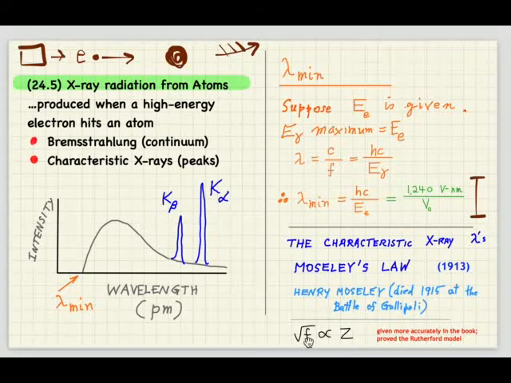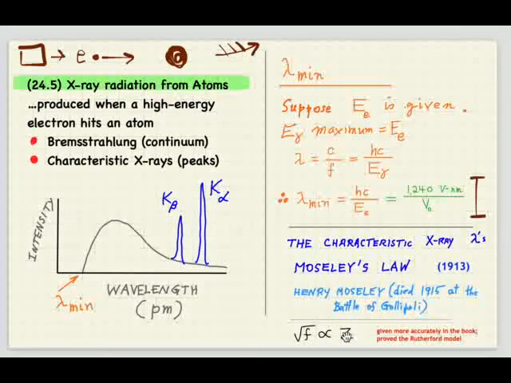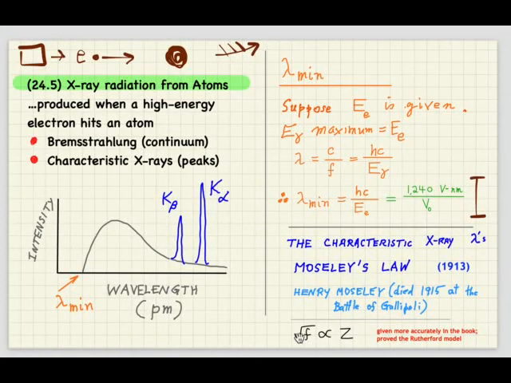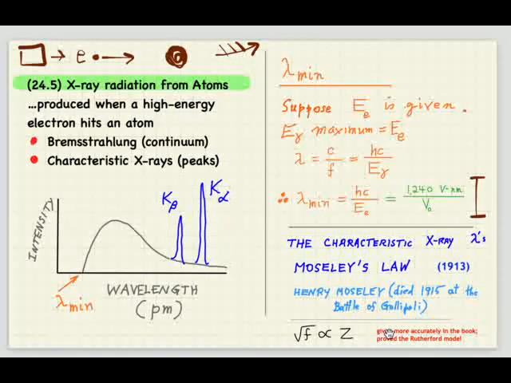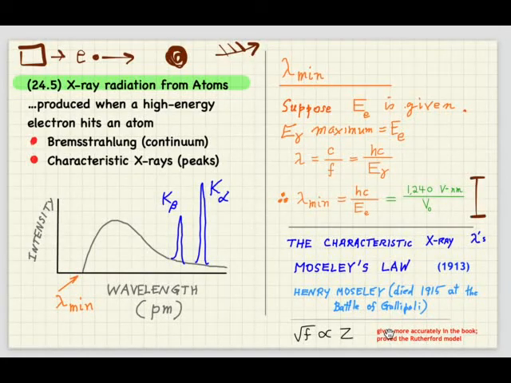The square root of the frequency is actually proportional to z minus 1 squared. But if z is large, then the difference between z and z minus 1 is a minor thing. So Moseley said square root of f is proportional to z, and explained it from the Bohr model.